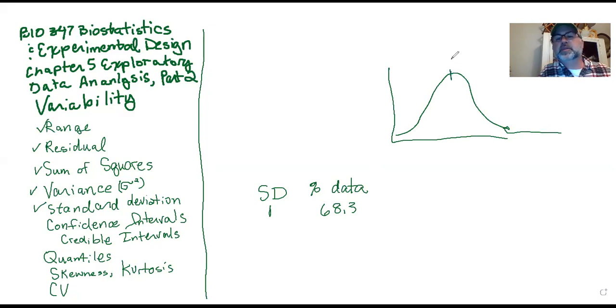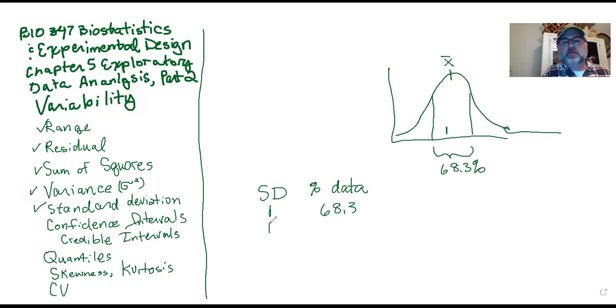So here would be your mean. If your data are symmetric, when you do one standard deviation unit, you're grabbing most of the data points, right? 68.3% is one standard deviation.